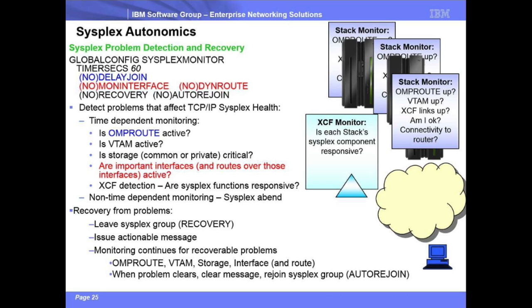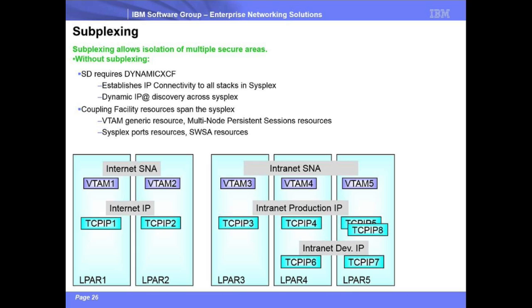So subplexing allows isolation of multiple secure areas. Without subplexing, IP connectivity using DYNAMICXCF is established to all stacks in the Sysplex, and dynamic IP address discovery occurs over the entire Sysplex. Coupling facility resources, VTAM generic resources, multi-node persistent sessions, Sysplex port resources, SWSA resources span the entire Sysplex.